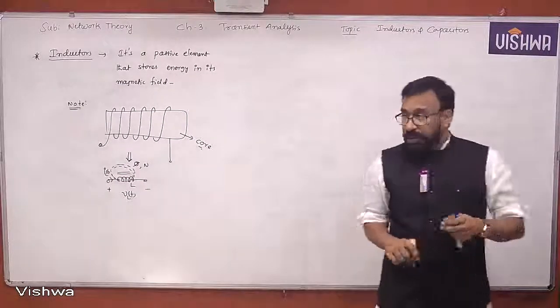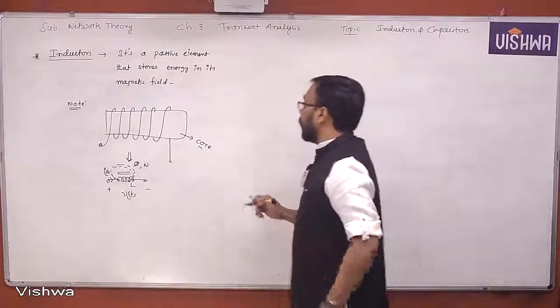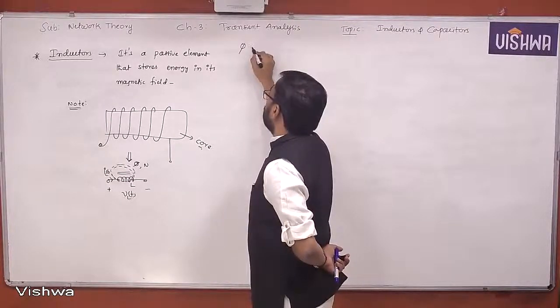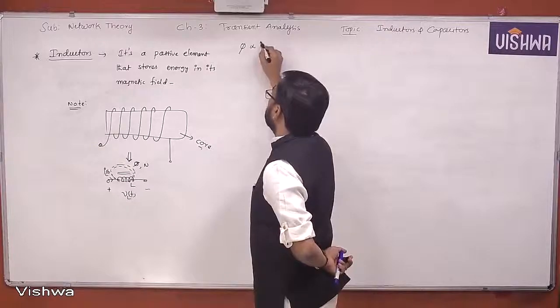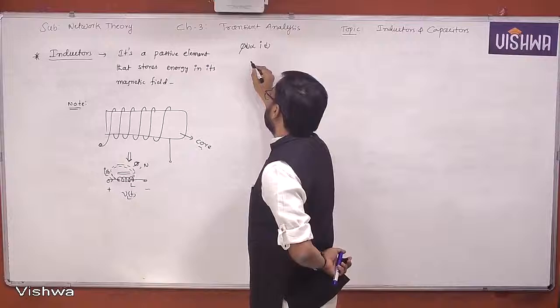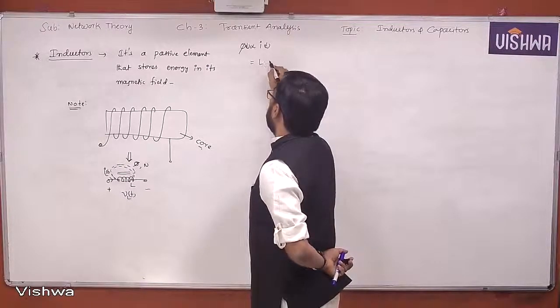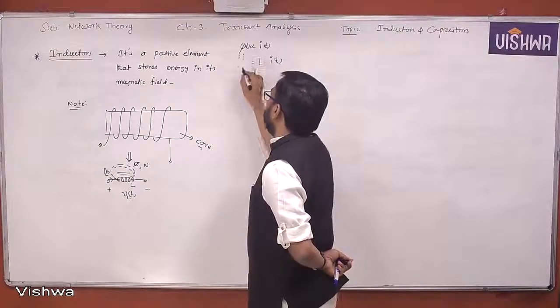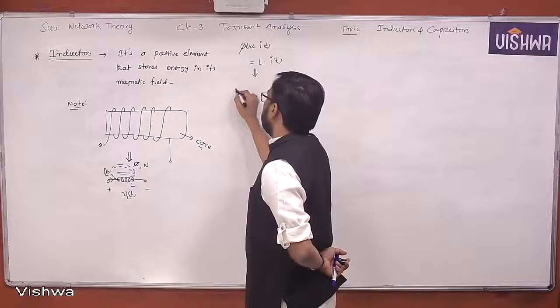Now let us look at this: phi is directly proportional to I. Yes or no? Phi of t is directly proportional to I of t. When you remove that proportionality, phi equals L into I of t. Differentiate on both sides. What is d phi by dt?